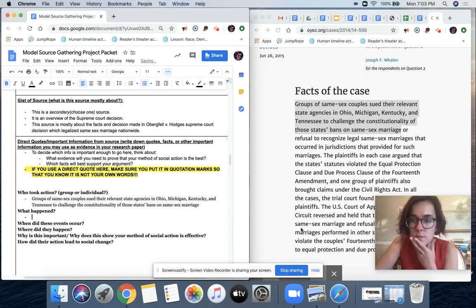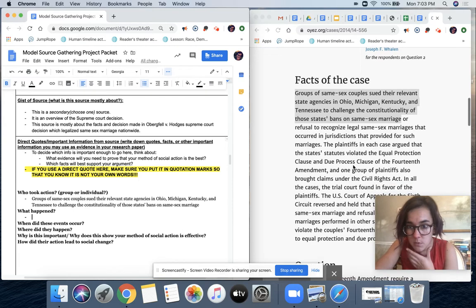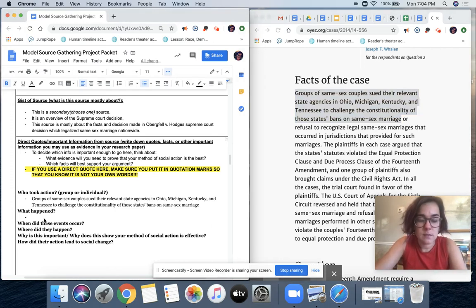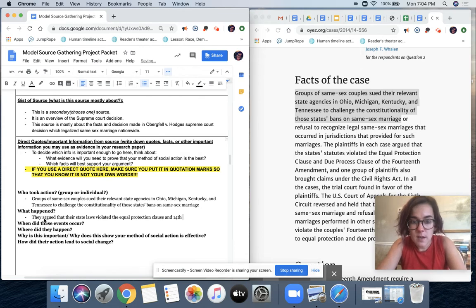What happened? So this one's hard, and it's going to be the one that is the longest in most cases. So I can say I see that they argued that their state laws violated the Equal Protection Clause and 14th Amendment.